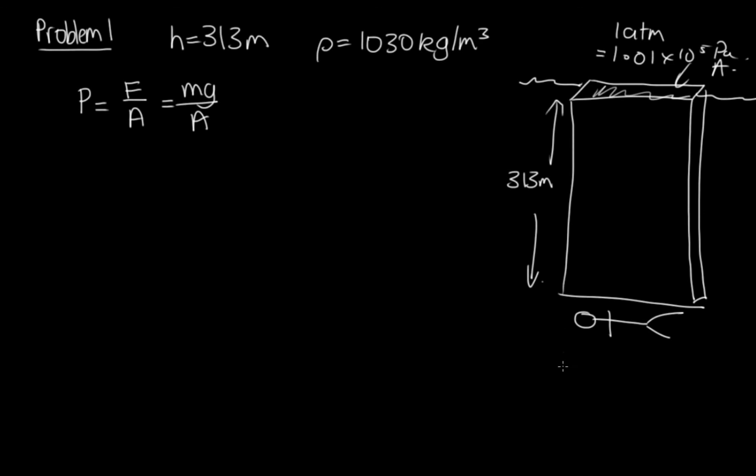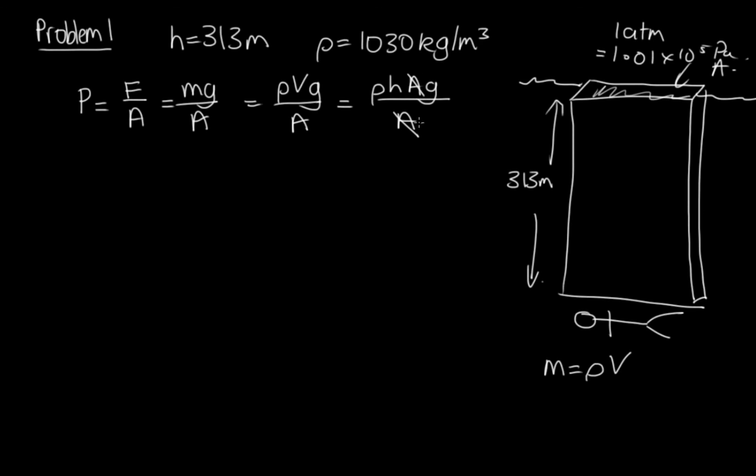For fluids, the mass is equal to the density times the volume. So this is equal to the density times the volume times g over the area.